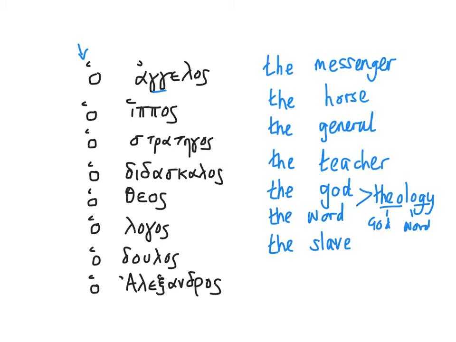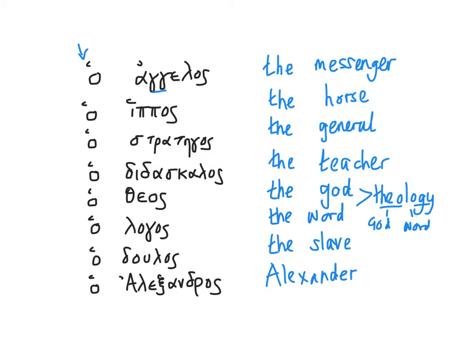At the end of the list, we have a name, which you can perhaps see from the capital Alpha, and this word is Alexandros, which is normally written in our language as the name Alexander. I added it to the list because we've got here a list of words, all with a definite article, the word the, before them.